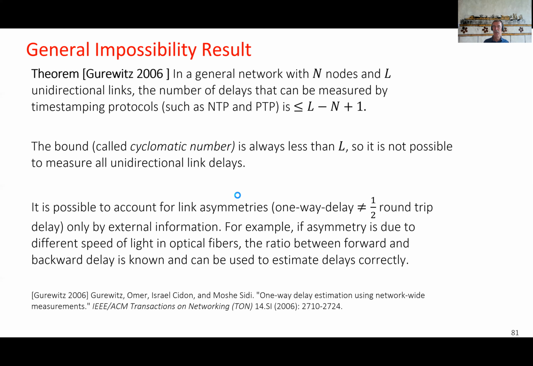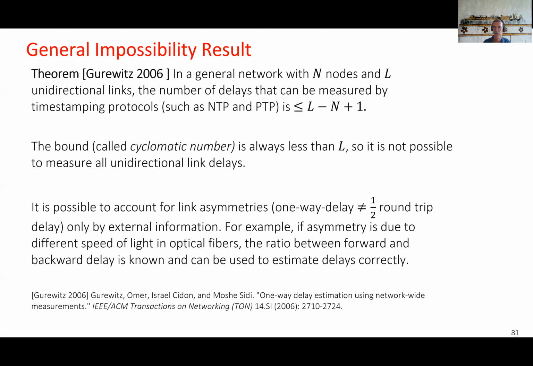In NTP or in PTP, you will account for the asymmetry because you know, in some sense, the asymmetry. If you know one fiber has a propagation time which is some epsilon larger than in the reverse direction, then you make the assumption that you know exactly what is the ratio between the two delays. Therefore, you can gain this 1 degree of freedom and still measure things.